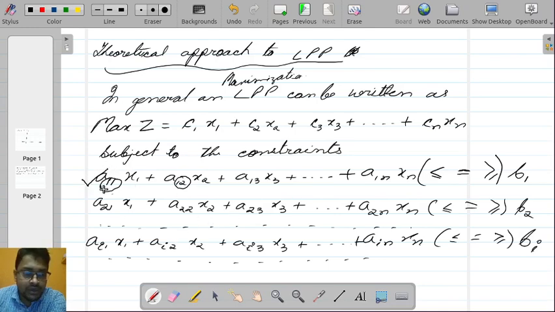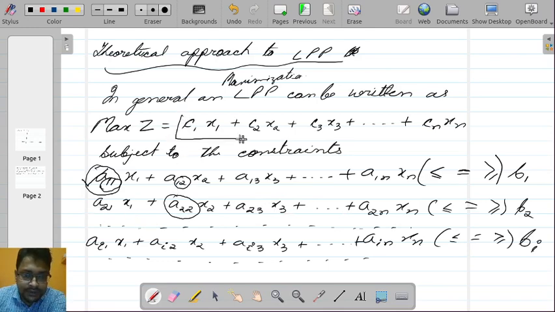So a11 is the coefficient of the first variable in the first constraint, and a22 is the coefficient of the second variable in the second constraint. That's why we naturally need two indices to denote these things.